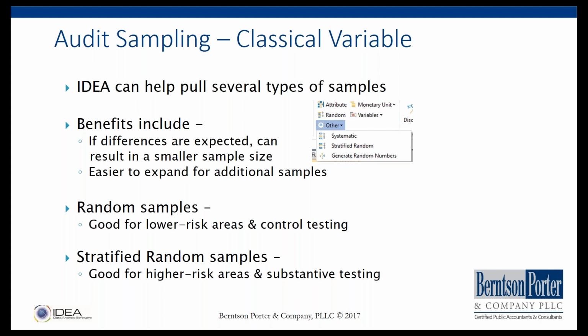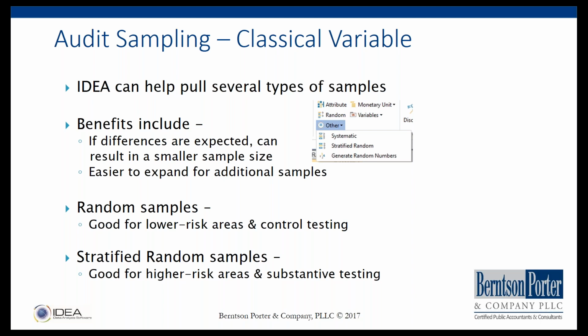Both of these have similar benefits in that if you are expecting there to be a difference, if you know a control isn't working, or you know that they have a new AR clerk that maybe had some issues getting adjusted for the first month of the year, or just historically there have been mistakes or credit memos or whatever the case may be, you can actually end up with a smaller sample size if you do random sampling.